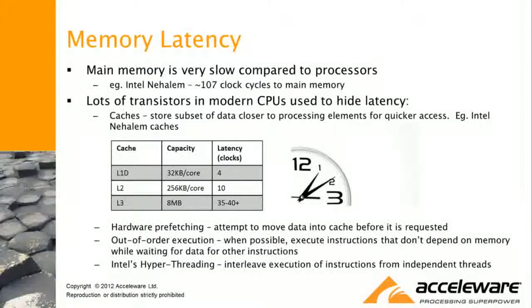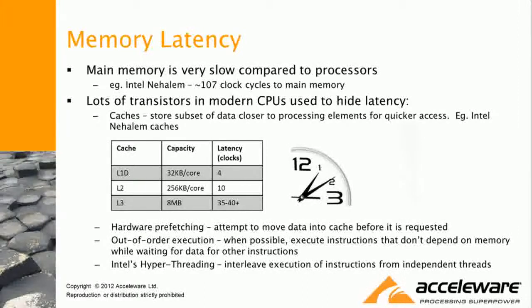So again, if you're in an L1 cache, you've only got 4 clock cycles of latency versus L3, which is further out. And of course, the closer you are to the hardware, the smaller the size. You've only got 32 kilobytes there versus 8 megabytes there.